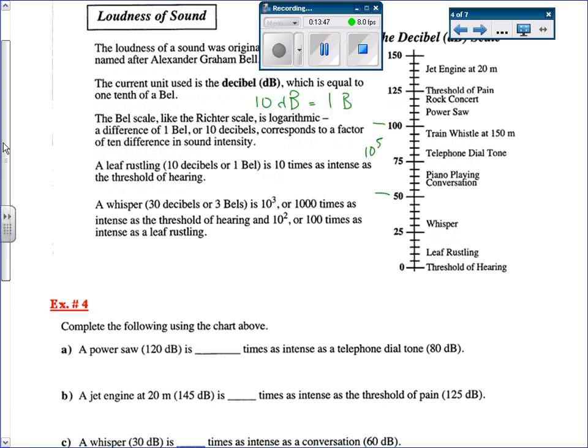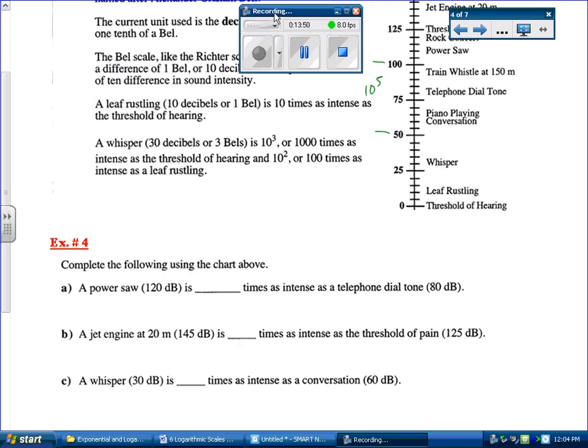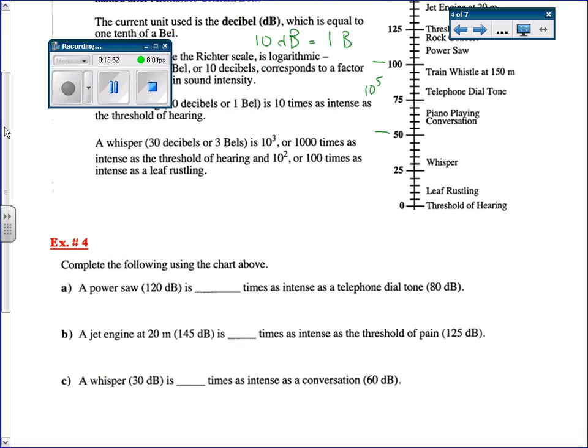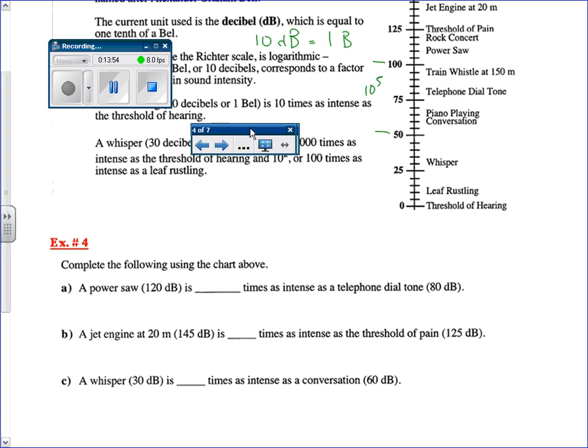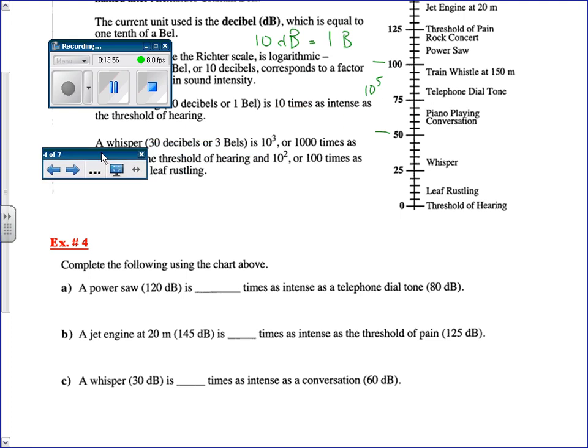So we'll just look at some simplistic comparisons here, like we did with the earthquakes. We have a power saw, which is 120 decibels. How many times as intense is it as a telephone dial tone? If you go 120 minus 80, you get 40. Divide that by 10, which gives you 4.